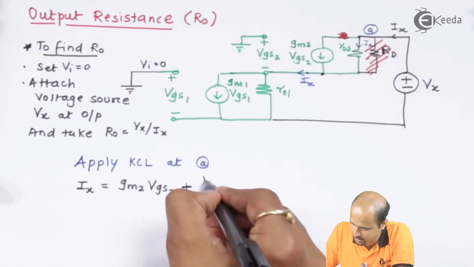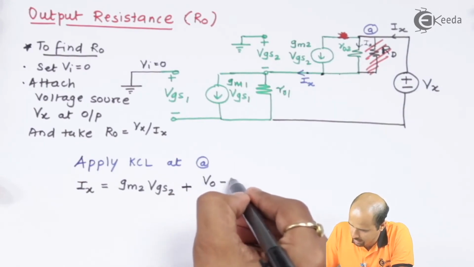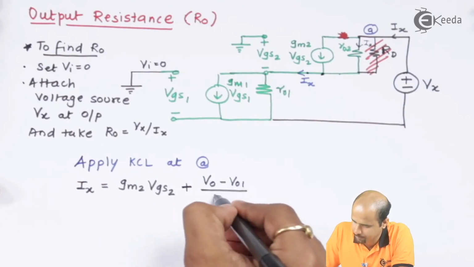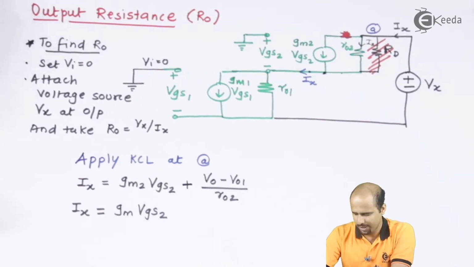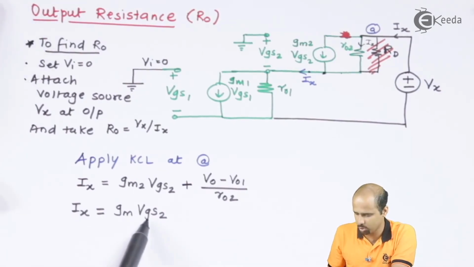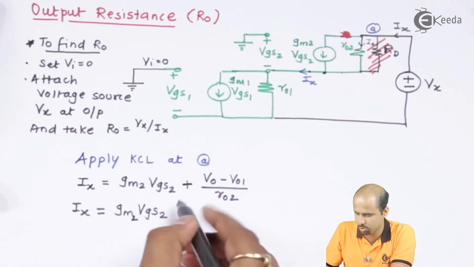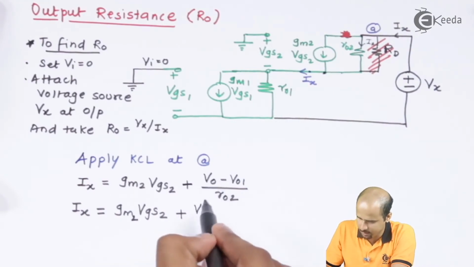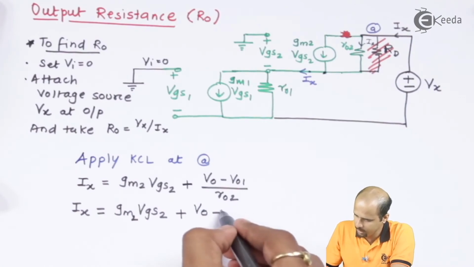So I can say this is nothing but Vo minus Vo1 divided by ro2. Okay, so we have got the value Ix is equal to gm2 into VGS2 plus, what is Vo? Let's put it as it is, Vo minus Vo1.